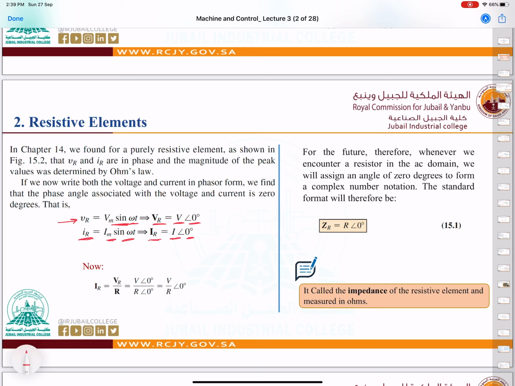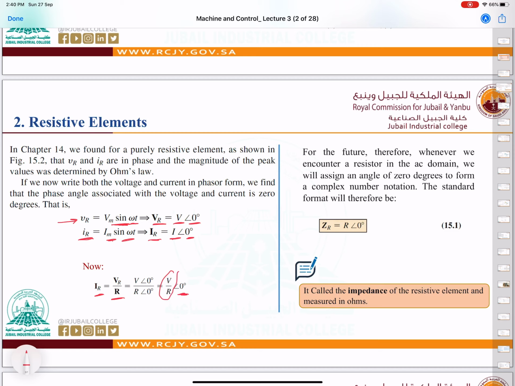Now, if we apply Ohm's law here, we find that IR is equal to VR over R, which is V with angle 0 over R with angle 0. So we have a value and we have an angle, okay?